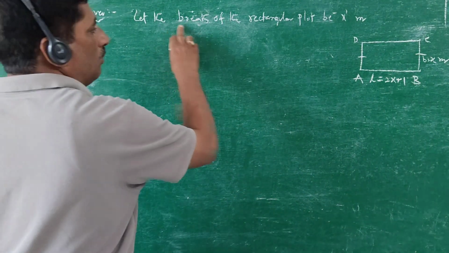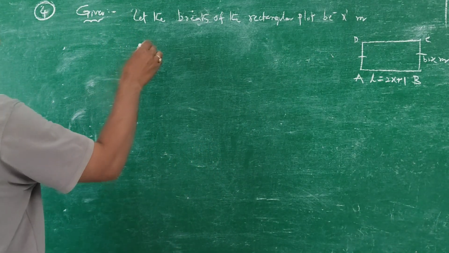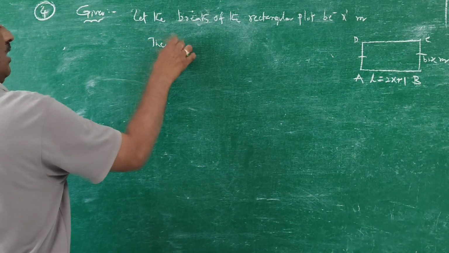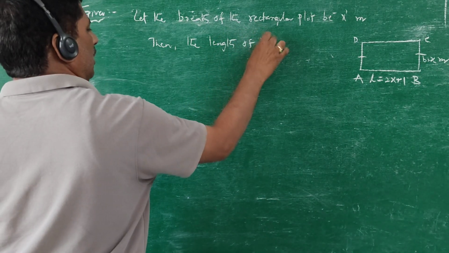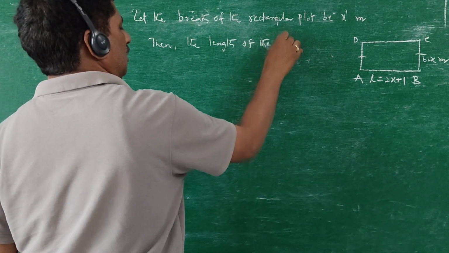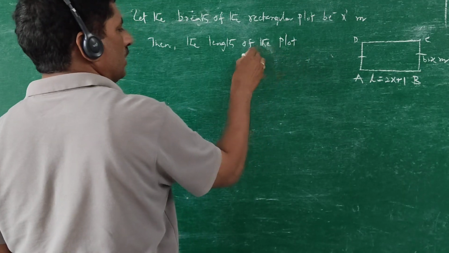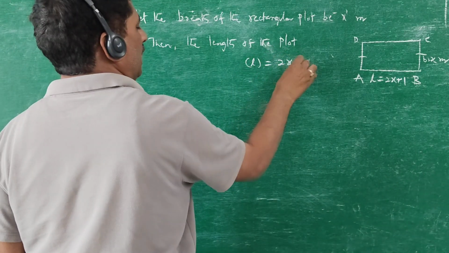So if the breadth of the rectangular plot is x meters, then the length of the plot becomes L is equals to 2x plus 1.